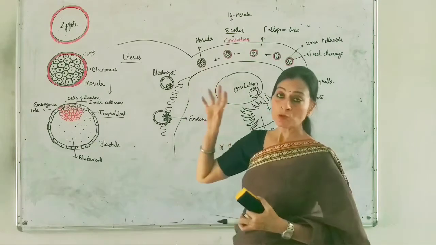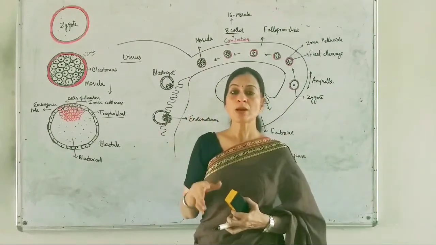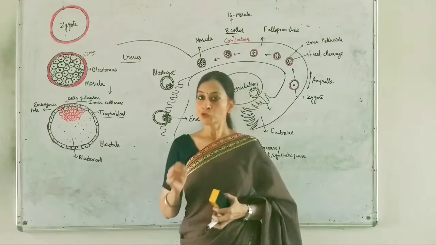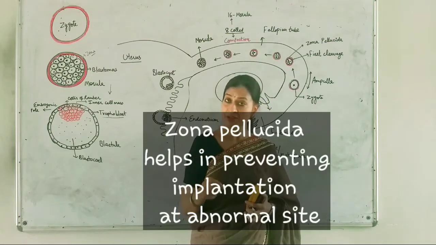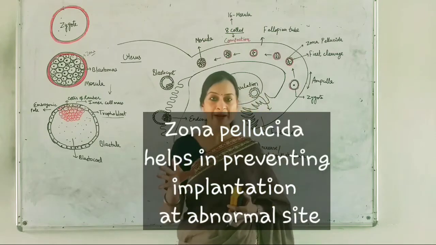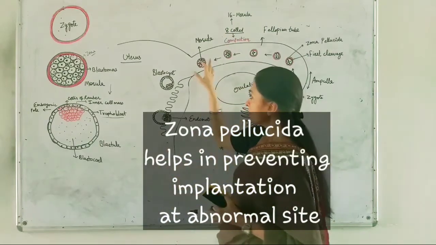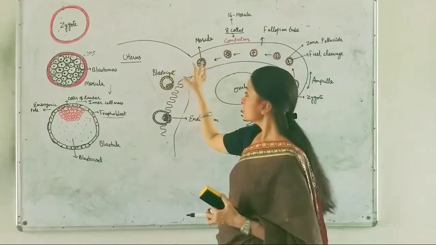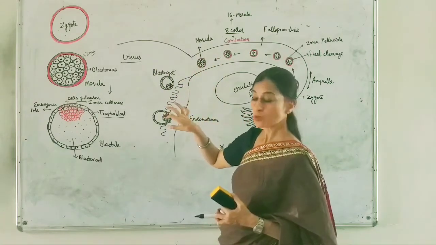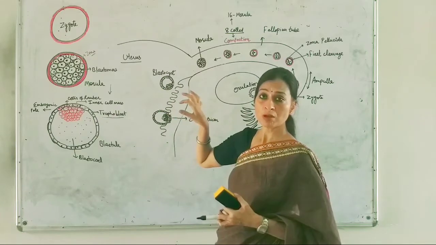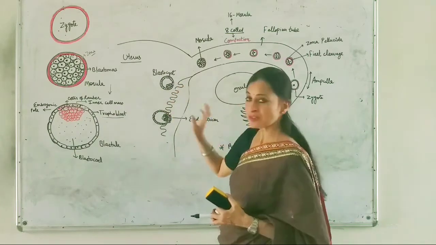Why is this zona pellucida still around the morula? The reason is that zona pellucida is the layer which prevents abnormal implantation, because the blastocyst should attach to the endometrium wall at this specific site only.